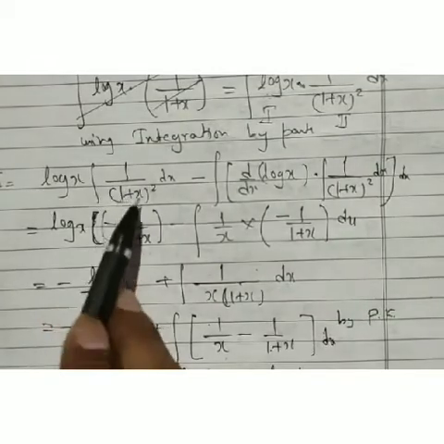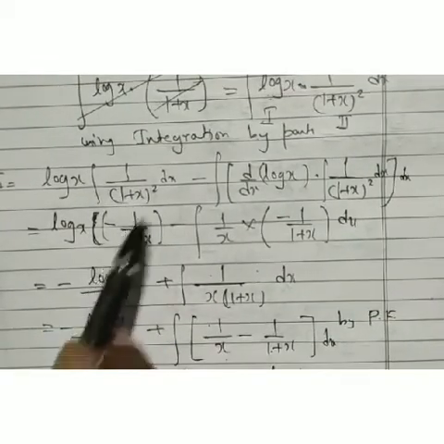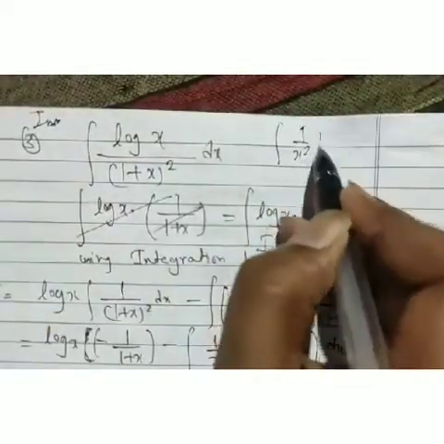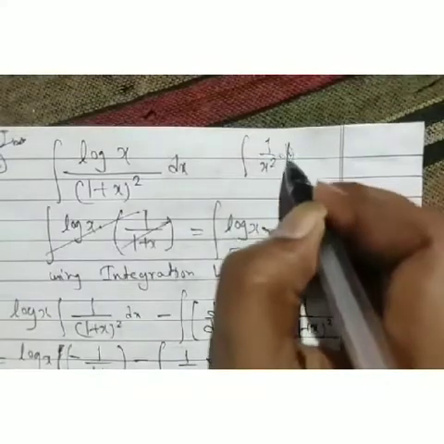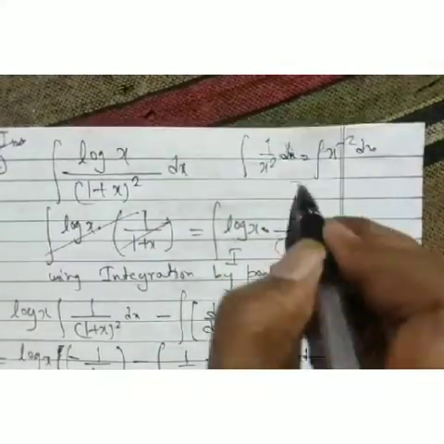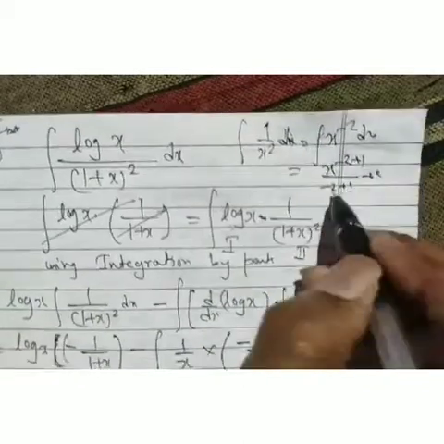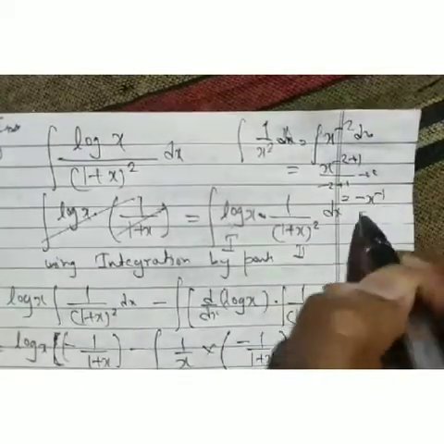The integral of 1 upon (1 plus x) whole square is the integral of x to the power minus 2 dx, giving x to the power minus 2 plus 1 upon minus 2 plus 1 plus c, which is minus x to the power minus 1.